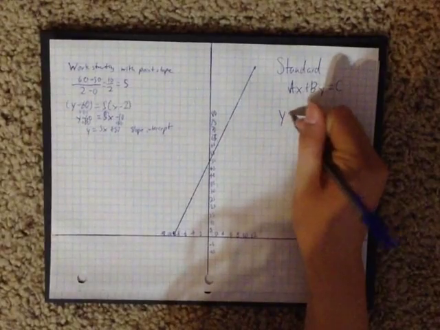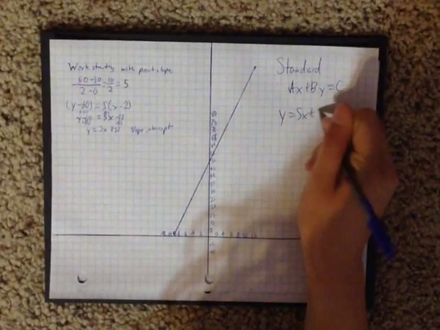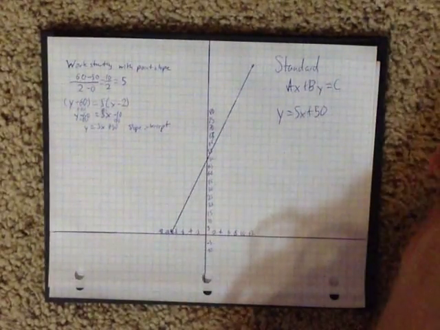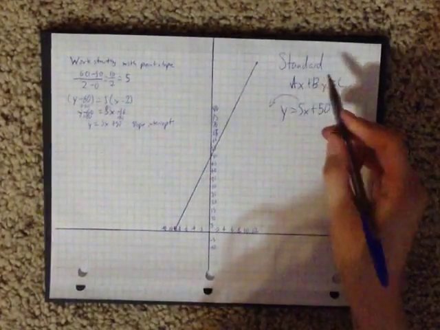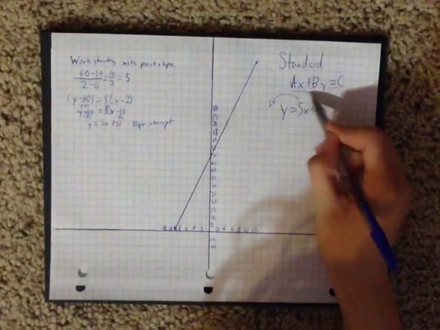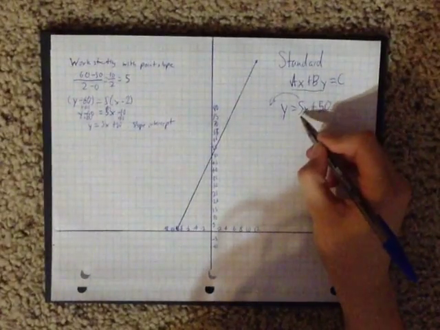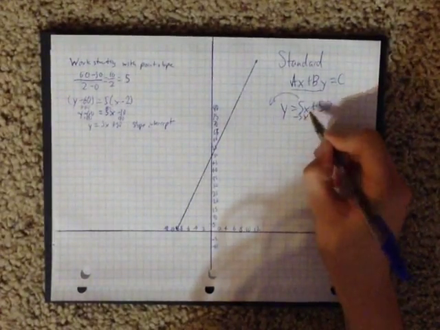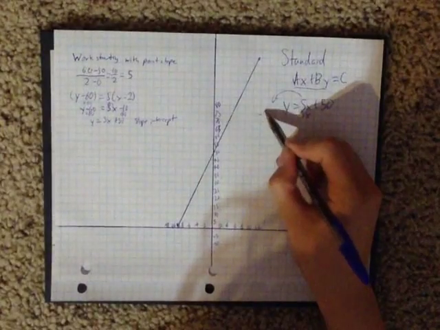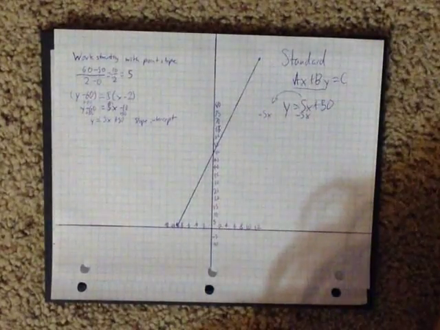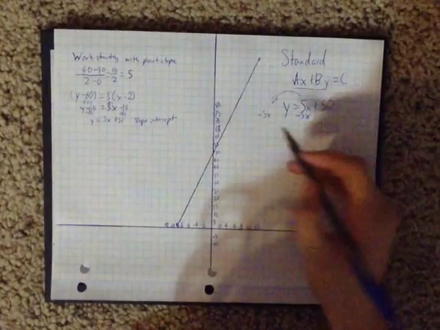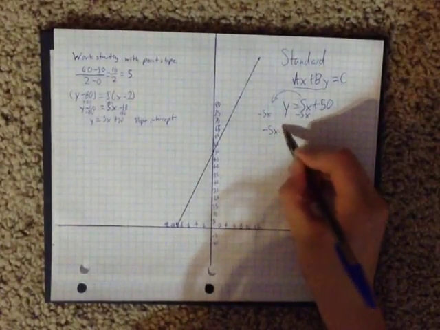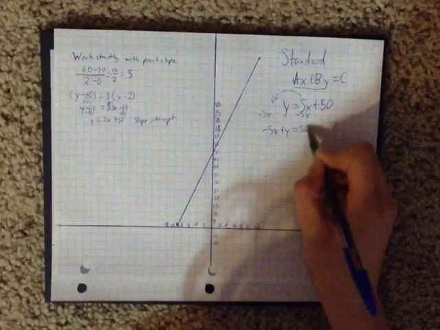So, y equals 5x plus 50. We want to get the x term over to this side because that's what it says in the equation. So, if we subtract 5x from both sides, which is the subtraction property, then we get negative 5x plus y equals 50.